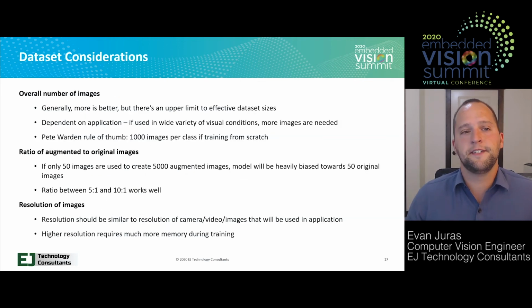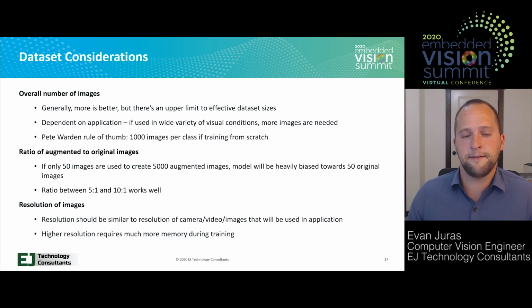Some other considerations you might think about. I might start getting a little hand wavy here, but these are just some of the questions that I had as I was approaching data augmentation the first time. One is, how many images should I have? If I can make 50,000 images of playing cards, is it better to make 100,000 images or 200,000 images?